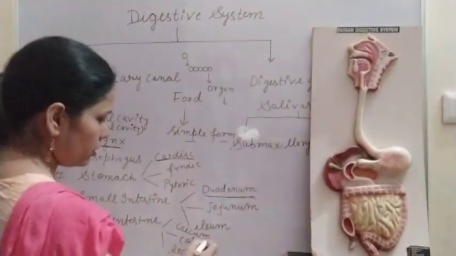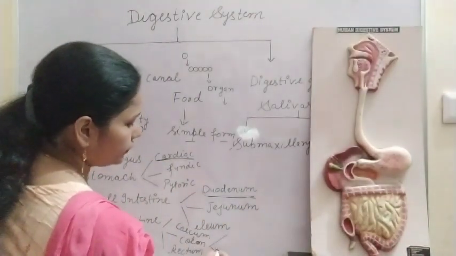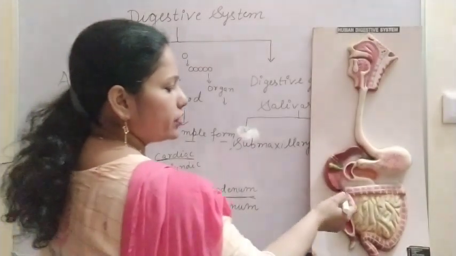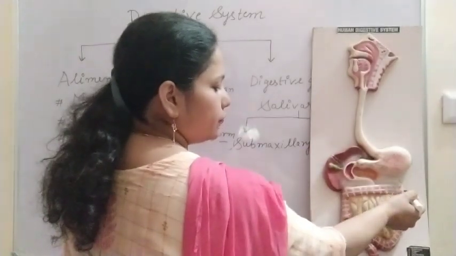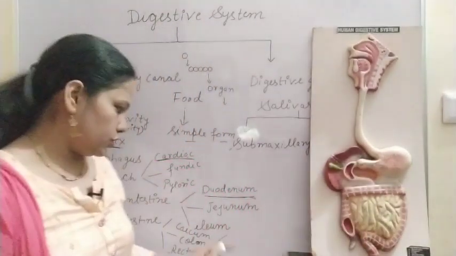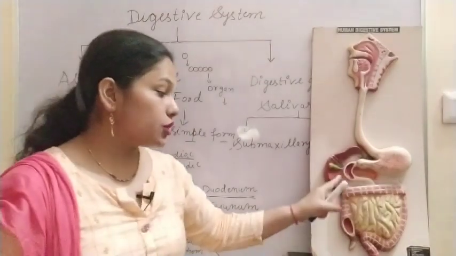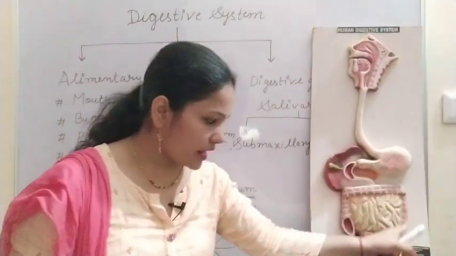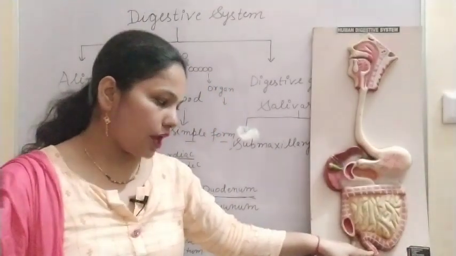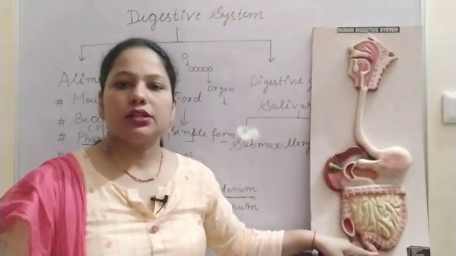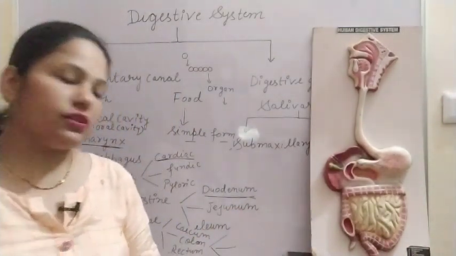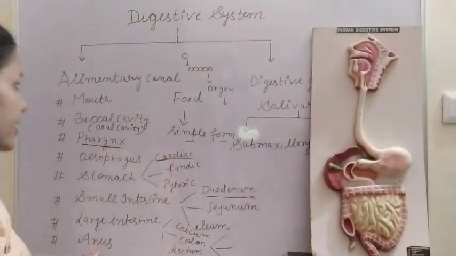So the colon also has three types: ascending, transverse, and descending. Then this colon opens into a structure known as the rectum. And then the last part of the alimentary canal is the anus.